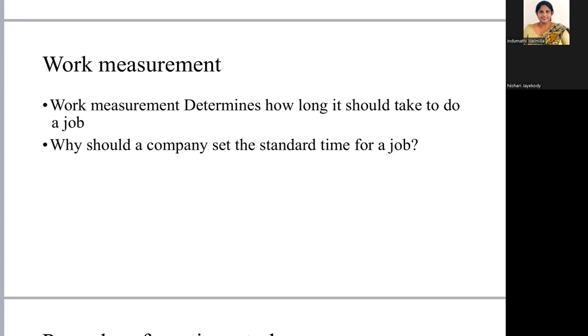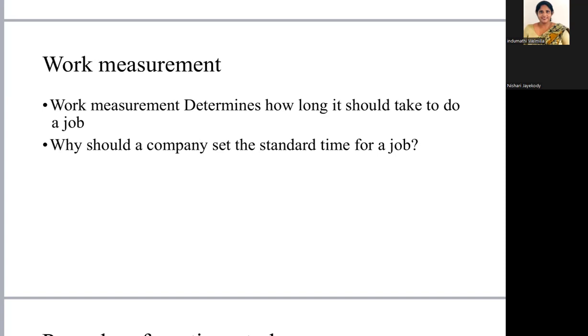Among the commonly used processes for setting standard times are the time study, elementary time data, predetermined time data, and work sampling. The time study dates back to Frederick Taylor in the late 19th century.